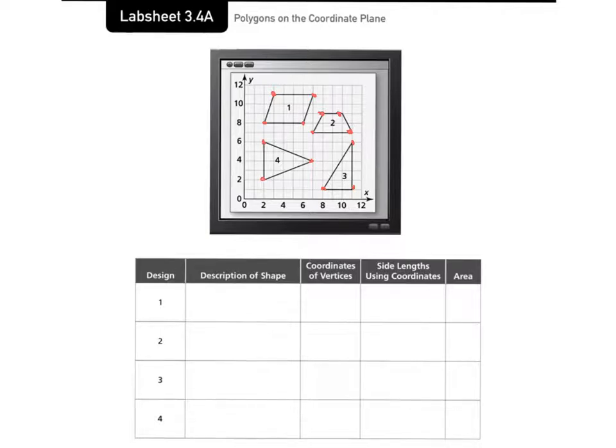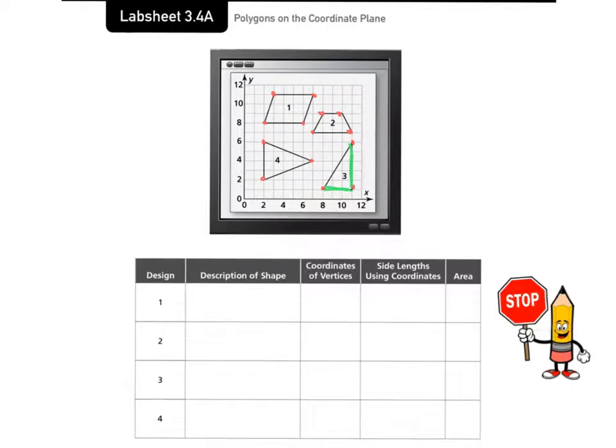We reviewed that, but remember with side lengths, you can do it if it's horizontal, or you can do it if it's vertical. I want you to put at least one example of each figure of what that side length is. And then lastly, you're going to put the area.